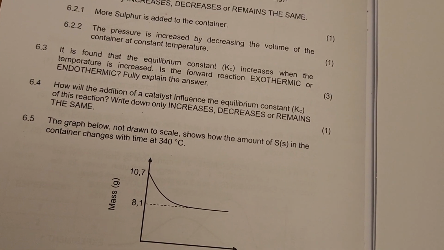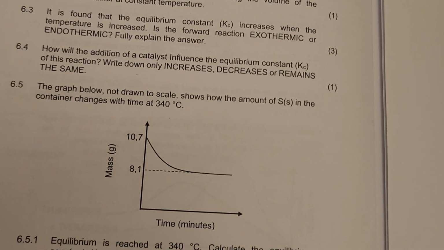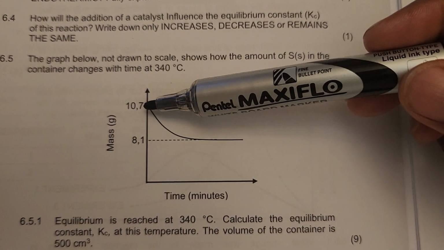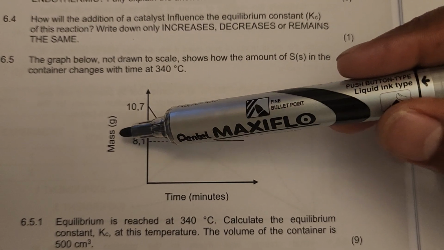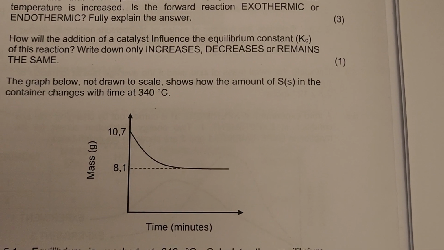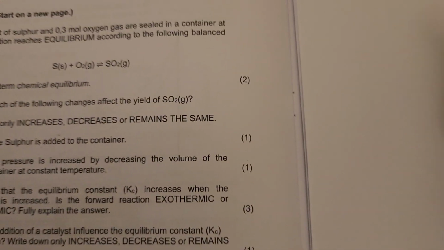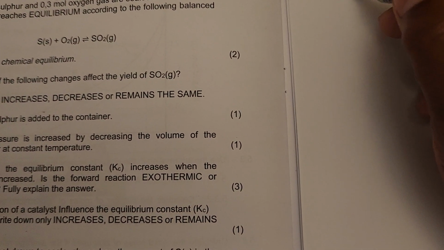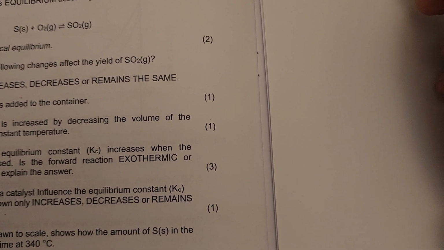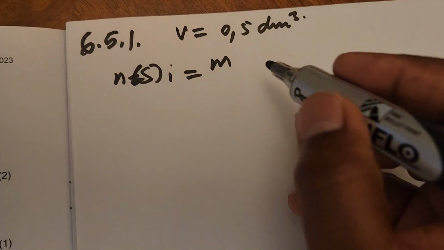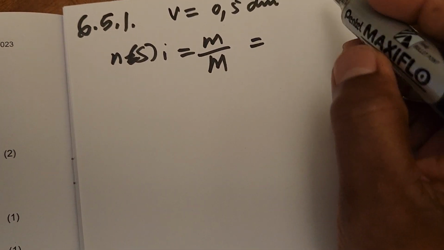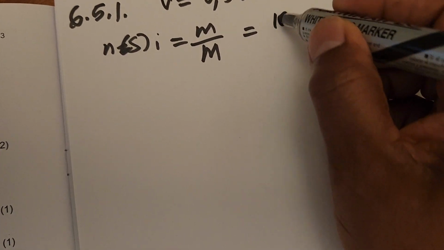Now we are supposed to calculate, because we are given 2 masses here, the initial mass and the final mass of in this case sulfur. Now we have to calculate the number of moles. Number of moles of sulfur initially will be given by mass over the molar mass, which is the same as 10.7.